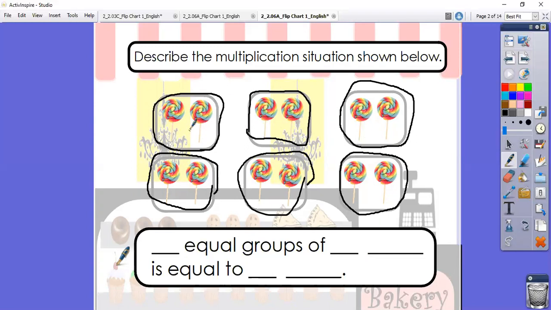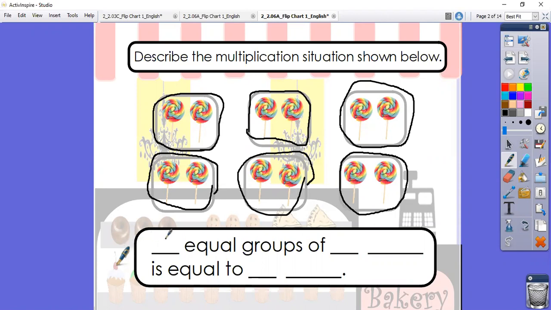If I had 2, 2, 1, that would not be the same, so it would not be multiplication. But in this situation, I have groups of 2. So let's take a look at this sentence stem, and we're going to look at how we're going to fill it out. Okay, so how many groups do we have? We have 1, 2, 3, 4, 5, 6.